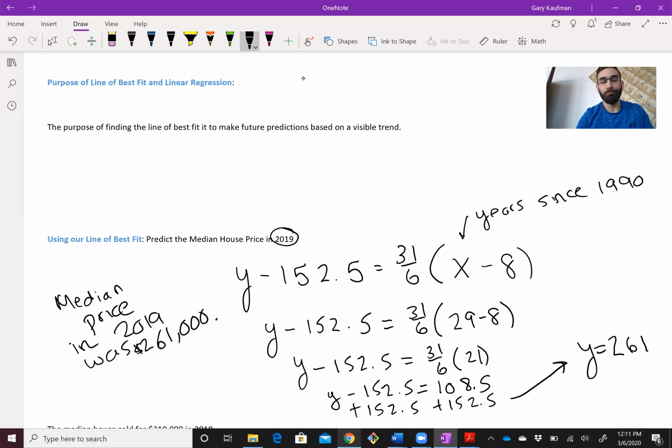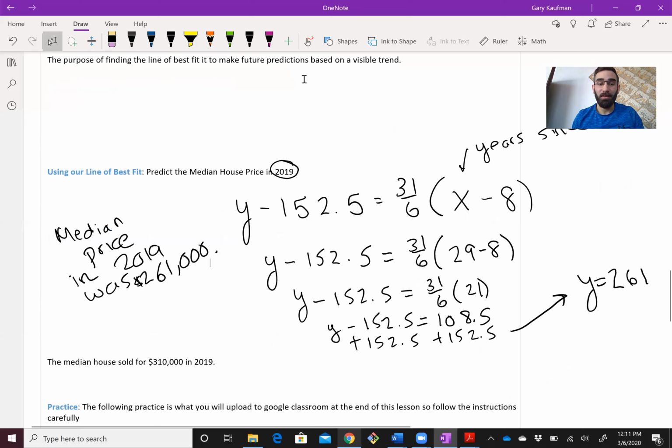Now, let's see how accurate we were. It was actually 310,000, which means it's pretty off. So these lines of best fit, they're not a guarantee. They're a prediction.